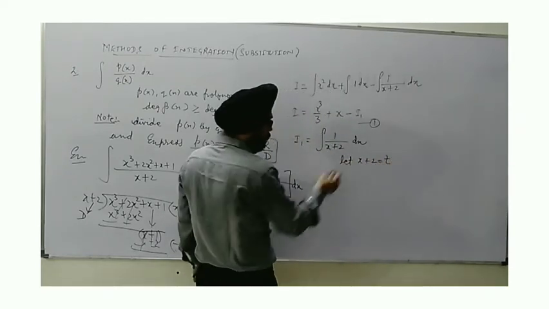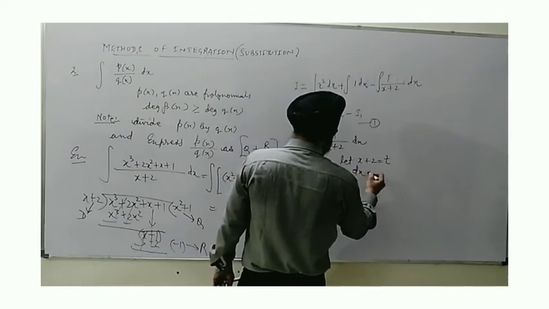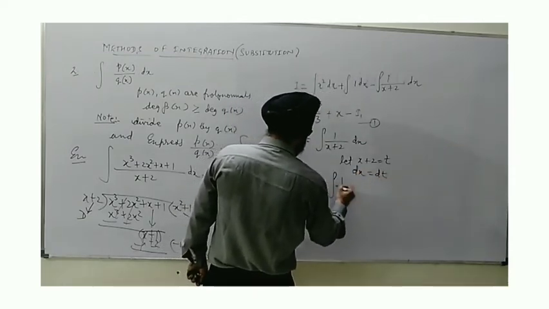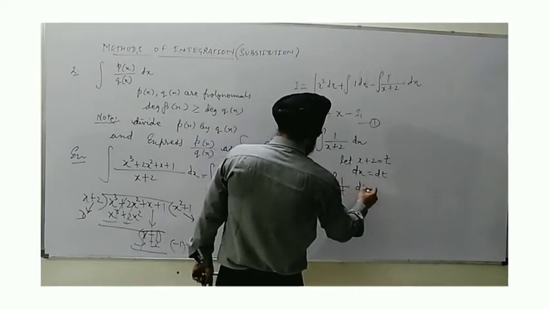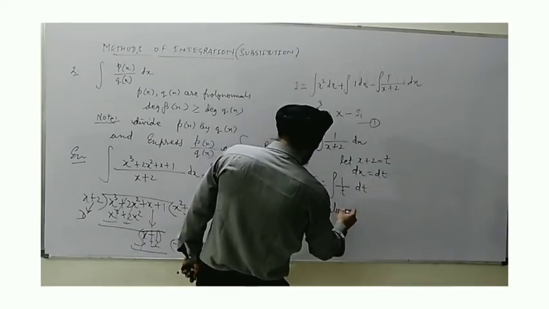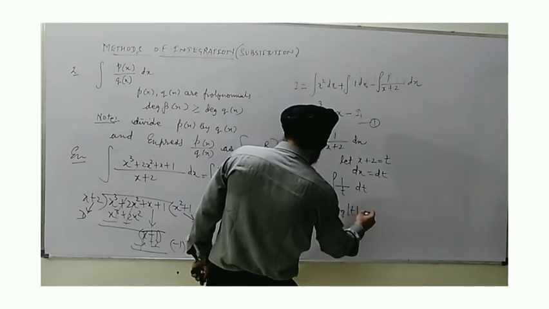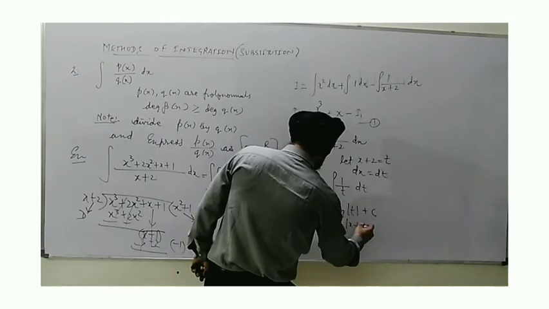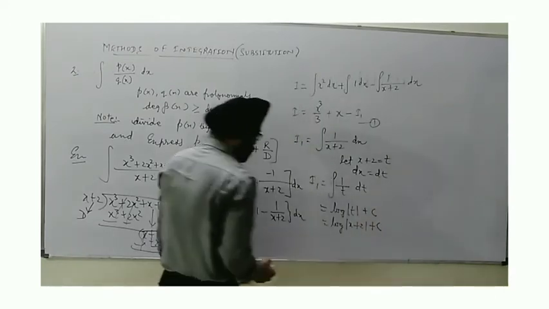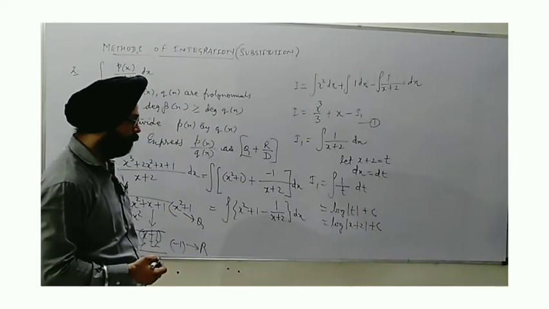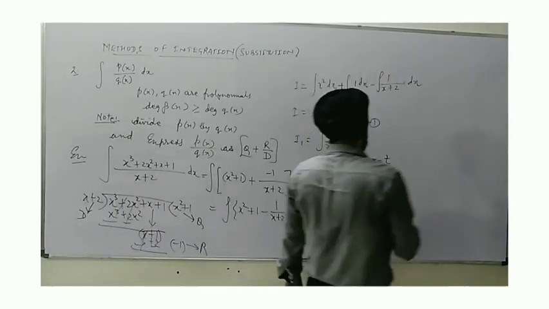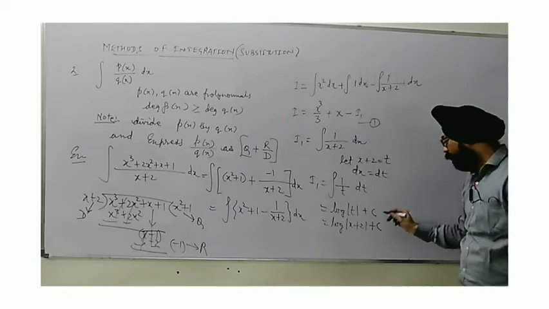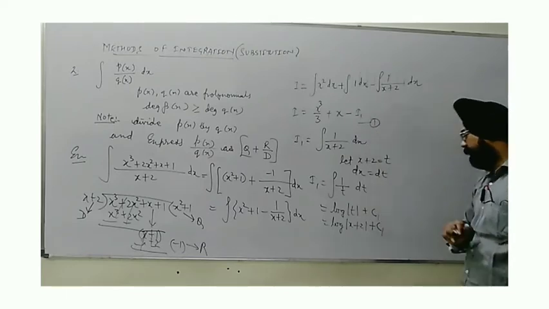By substitution, differentiating, we get dx equal to dt, and now I1 can be written as 1 upon t dt, and by the rules it is log of t plus c, or we can say log of x plus 2 plus c. As we know, we need to use one constant here, and in general we take it as c, so this can be separated from the other constant as c1 here.